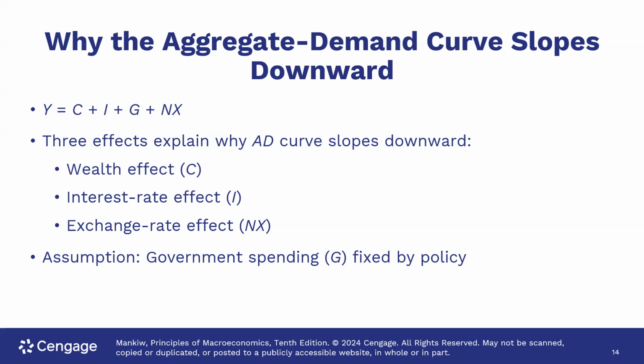As we said, this model is one in which we try to discuss the relationship between the price level and the total amount of production, the total quantity.